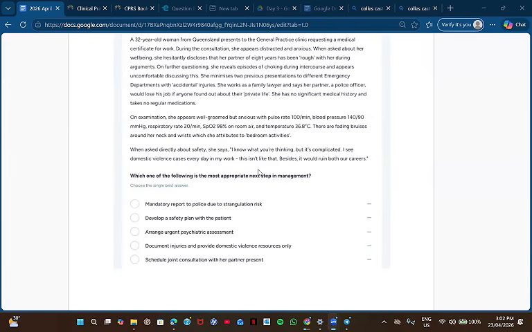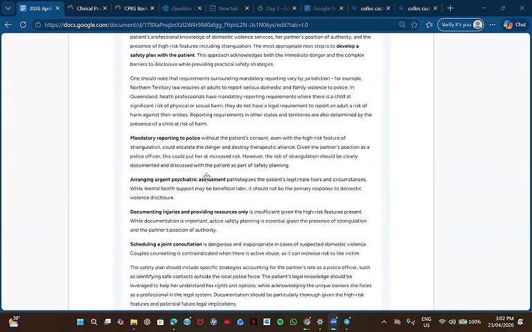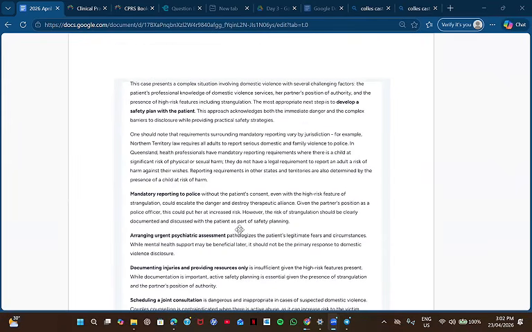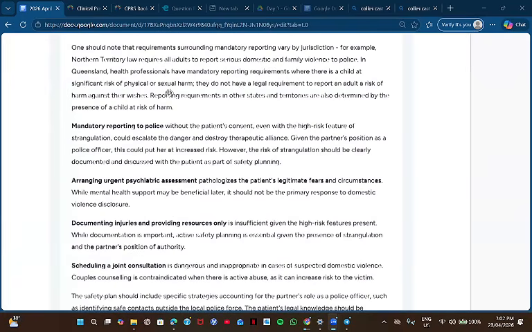Very important, doctors. I know I have done this question multiple times in our recall sessions, but you need to answer right. So the answer is: develop a safety plan with the patient. Very important. So why not mandatory reporting to the police? Listen carefully.